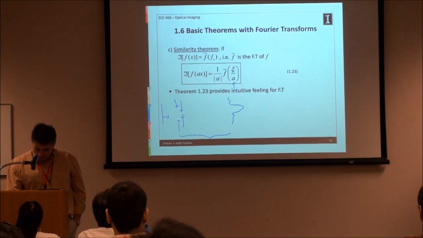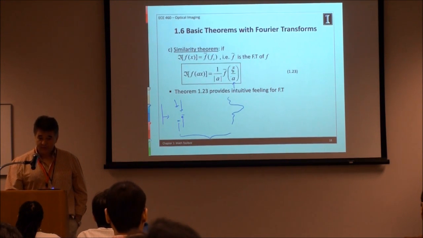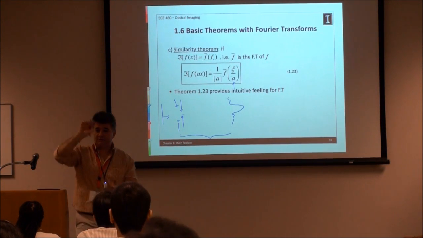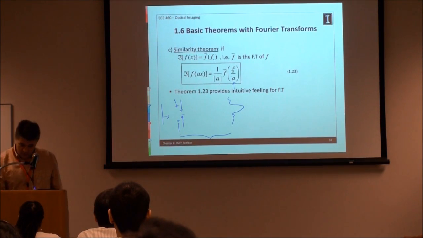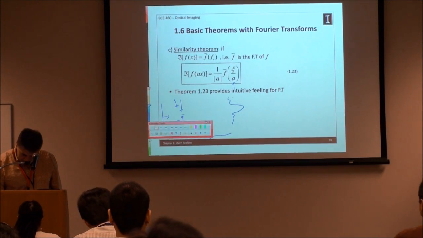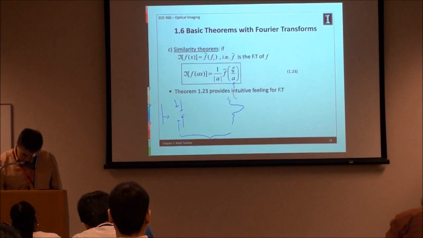So now I close down this slit, and I'm trying to understand the diffraction pattern of that. What this theorem tells me is that if I reduce the thickness of the slit, the size of the slit by a factor of 2, the Fourier pattern actually, hey, I have colors by the way. The Fourier pattern goes the other way by the same factor.